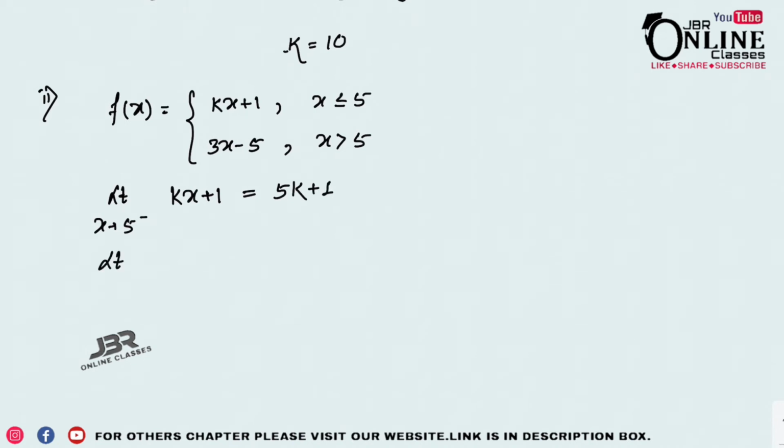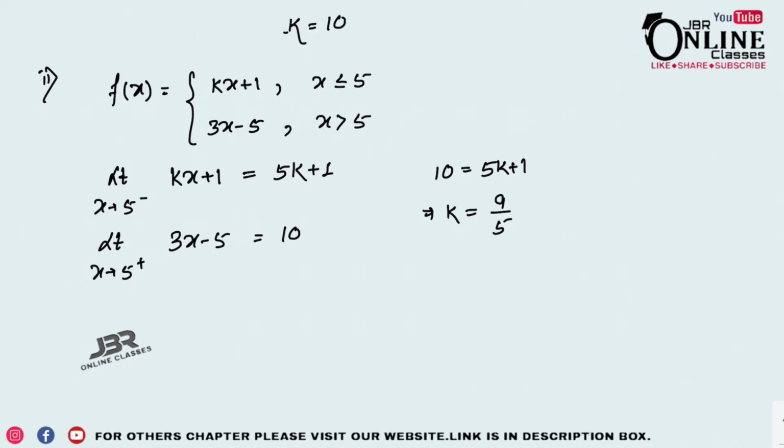And for the right limit, as x tends to 5 plus, 3x minus 5 gives 15 minus 5, which is equal to 10. Now as f(x) is continuous, definitely the value 10 is equal to 5k plus 1. So that means k equal to 9 by 5. Okay, k equal to 9 by 5.